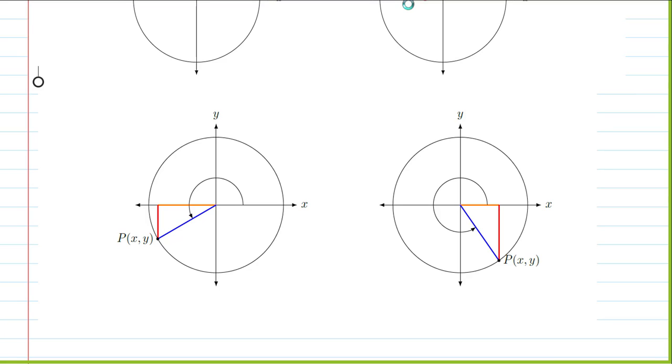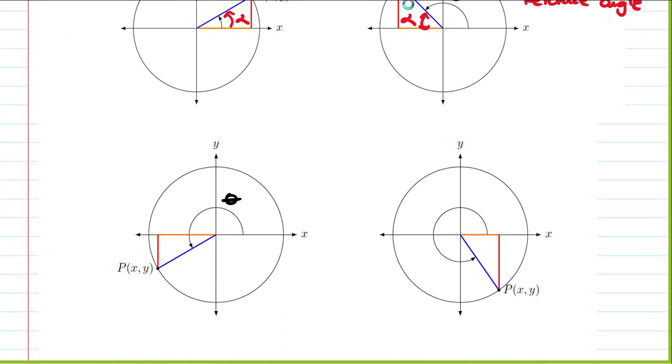So in quadrant 3 down here, we have theta as our angle, and our reference angle is always measured from the x-axis to the hypotenuse. So our reference angle here is going to be what?